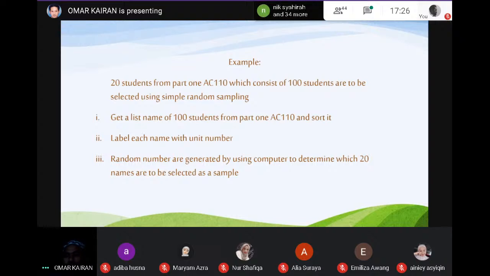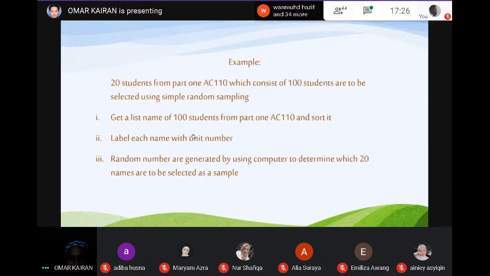We have the numbers. 100 numbers will be put in the box. And how to select it? Just put your hand in that box and draw a number, 20 times. So you get the sample. Simple, it is simple just like that.